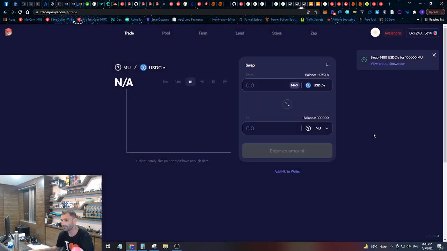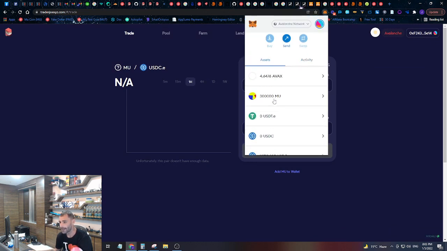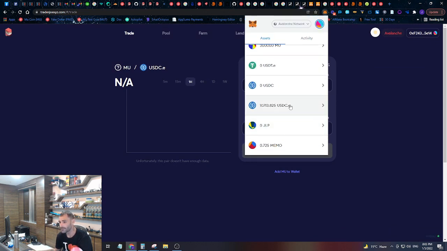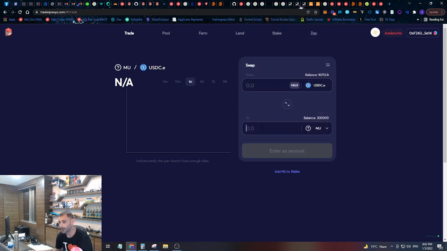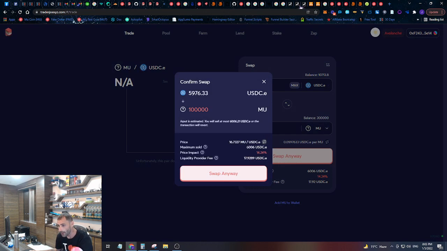So hopefully you guys have seen these trades actually happening, and you can see here's another trade. Now I have 3,000 mu coins and 10,000 USDC.e left. So I'm going to go in and buy 100,000 more mu coin, and now you can see it's costing me $6,000. And hopefully you can see here is a fee.